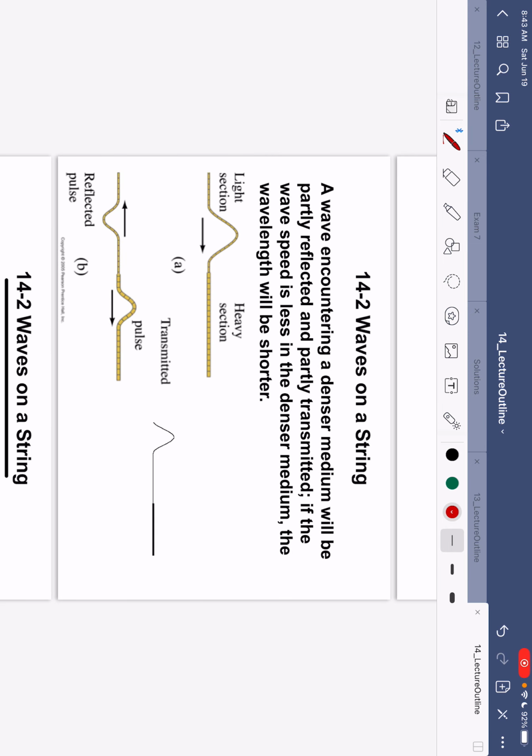Now, a wave encountering a denser medium will be partly reflected and partly transmitted. If the wave speed is less in the denser medium, the wavelength will be shorter.